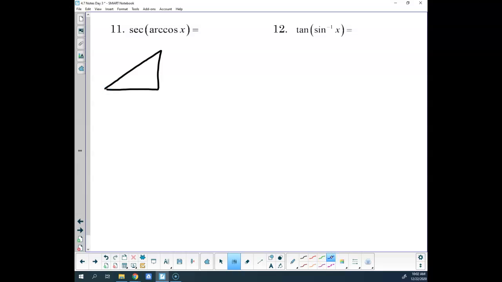In quadrant 1, we got theta, we got x, we got 1. If we follow the same pattern, then this is going to be the square root of 1 minus x squared. Okay? So we want the secant of theta. Oh, yep, it should be on the bottom. I got those switched around.